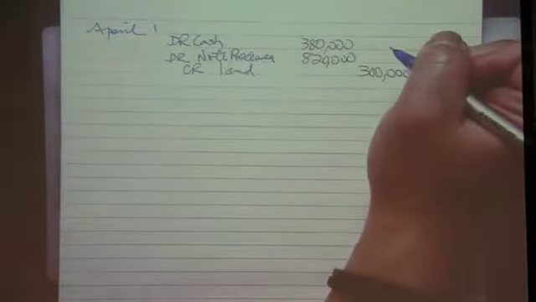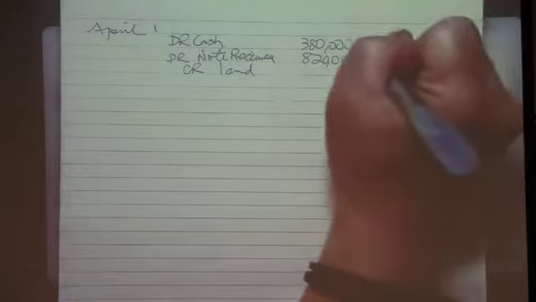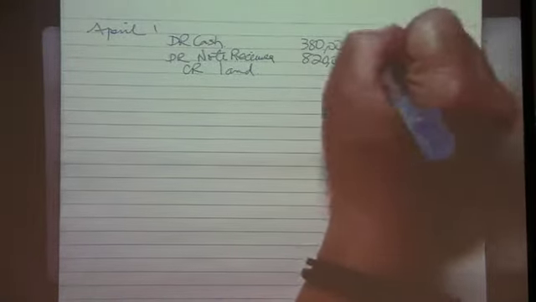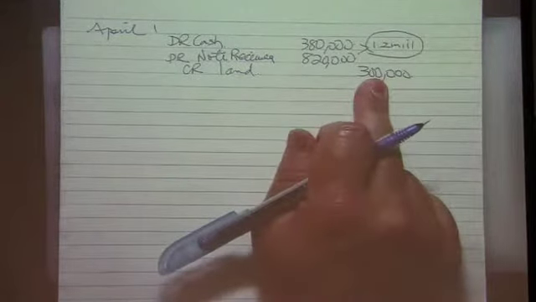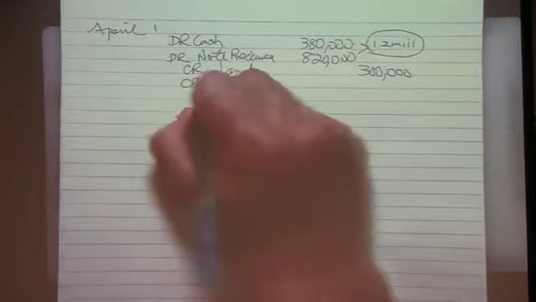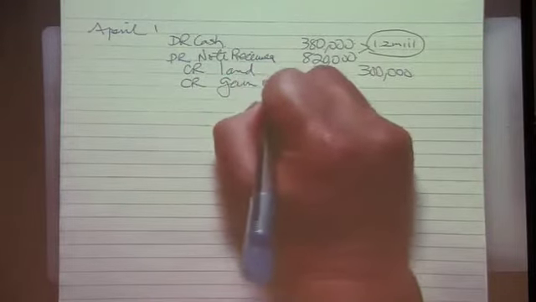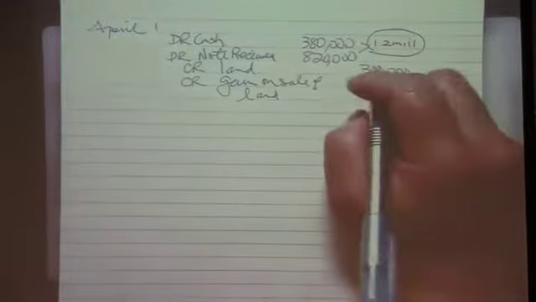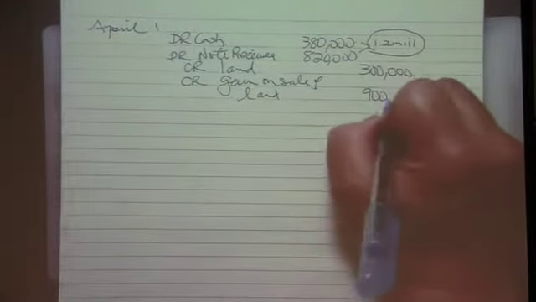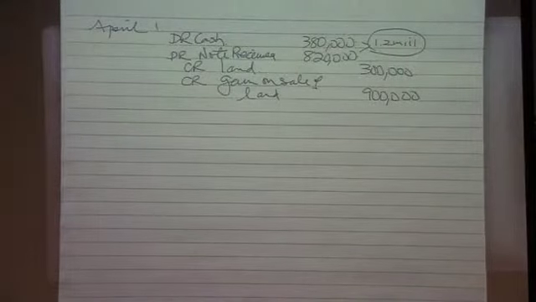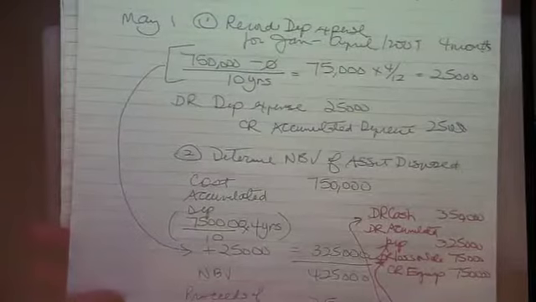So altogether, we got $1.2 million. And it cost us $300,000, so we have a gain. So gain on sale of land would be $900,000.